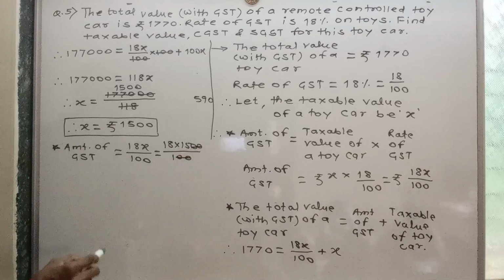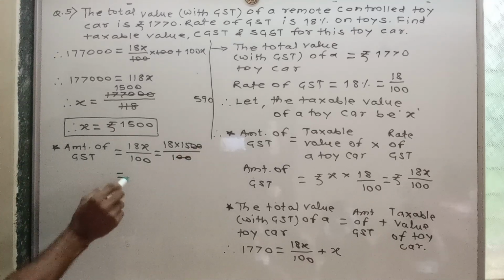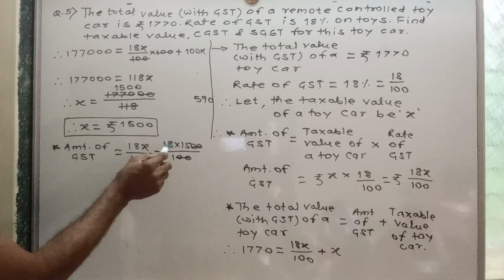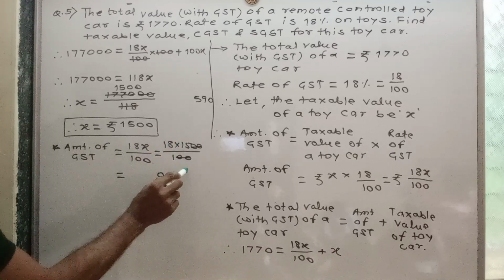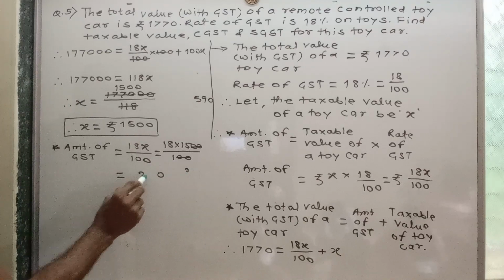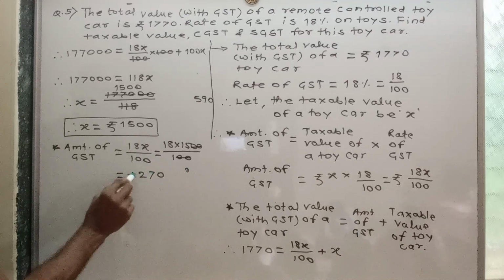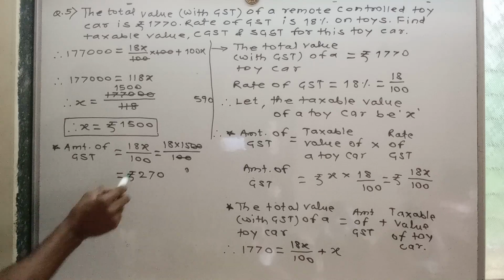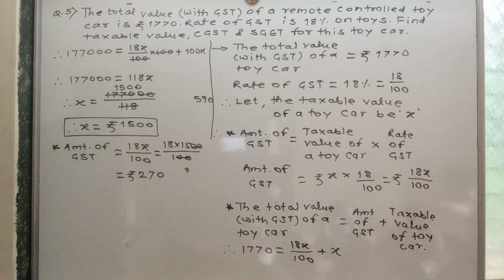These are cancelled. Therefore amount of GST is equal to 18 fives are 90, 18 ones are 18 and 9, 27. Did you understand? Means this is the amount of GST.